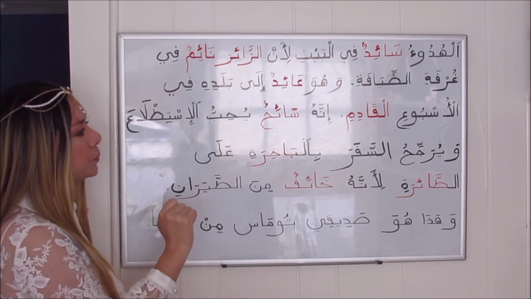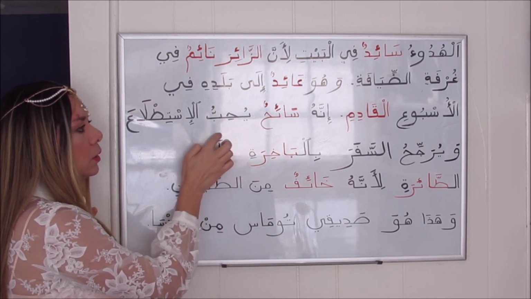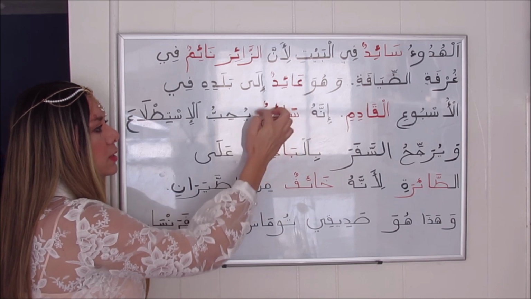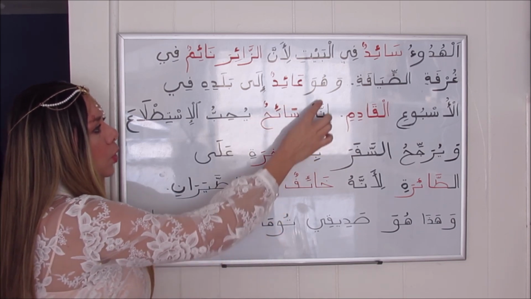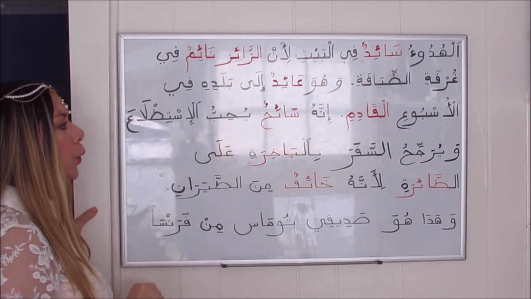So here is the subject, and this verbal phrase is the predicate of the subject. So هو عائد, هو سائح.